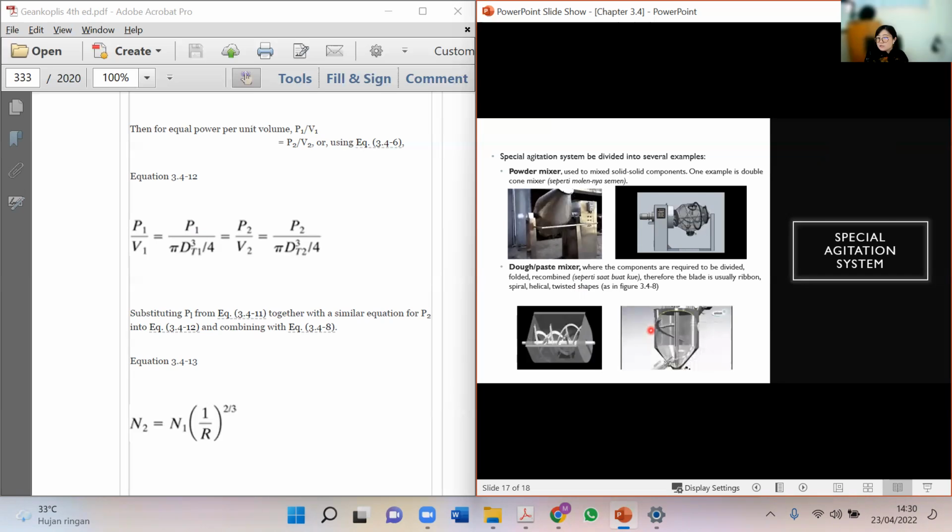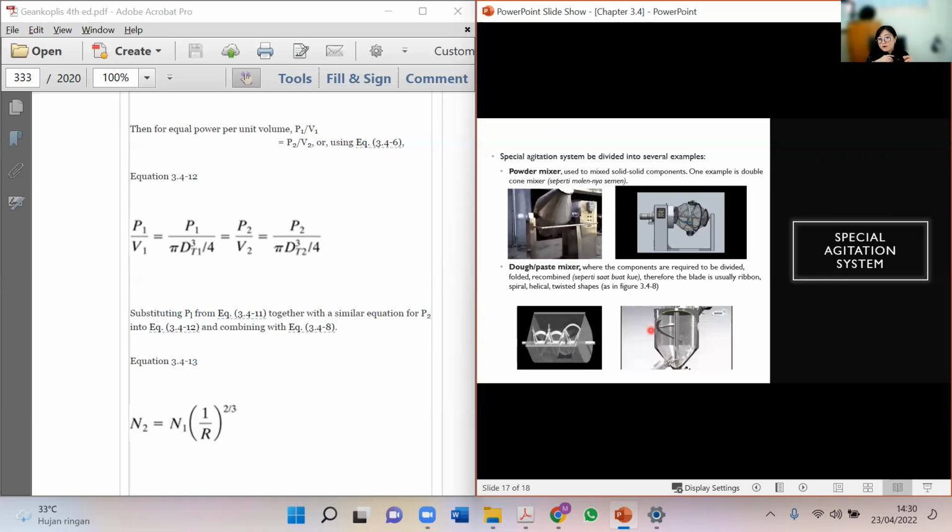This is usually used for bakery. I told you last time in the class. The components inside are required to be divided, folded, and then recombined, just like when you knead the dough to make bread or cake.